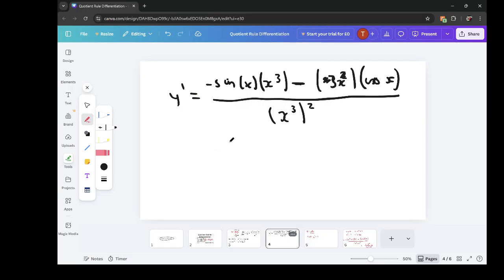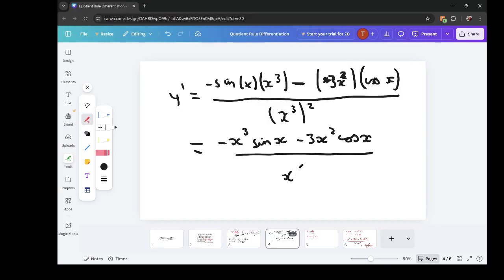Once you simplify these terms, you can cancel out some of the x's. Like you see x cubed, x squared, you can cancel these out, and you'll end up with something. So let me just explain it. Minus x cubed times sine x, this is your term on top, minus 3x squared times cosine x, over x to the power of 6.